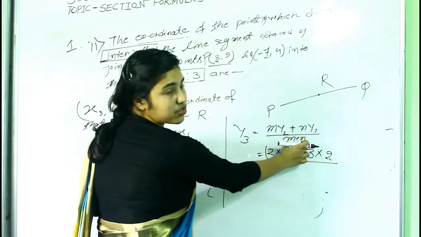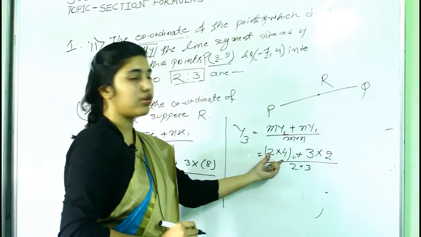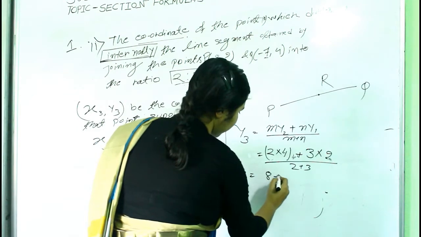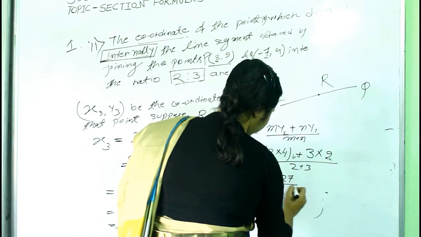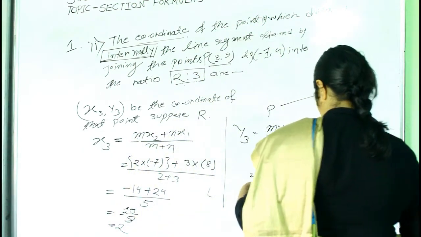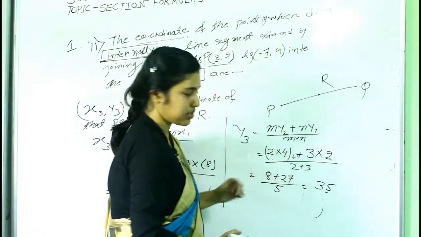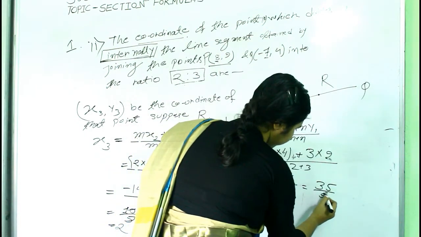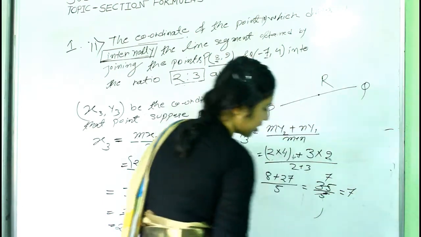Now 2 plus 3, m plus n, is 5. Now 2 into 4 is 8, plus 3 into 9 is 27, by 5. So 27 plus 8 is 35 by 5. You know that 5 sevens are 35.